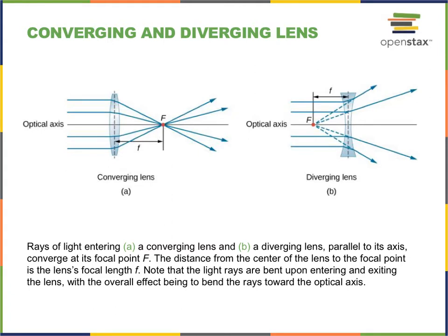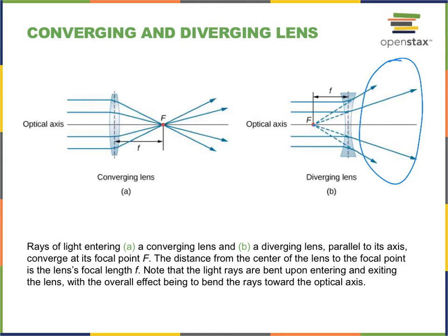In the second picture, we see the same thing, but with a diverging lens, and this might remind you of mirrors because it is very similar, except that we're refracting and not reflecting light. So the parallel light rays come into the lens, and because it's a diverging lens, the light rays over here aren't coming together or intersecting, but if we trace them backwards, it appears that they came from a common point, and that's called the focal point.